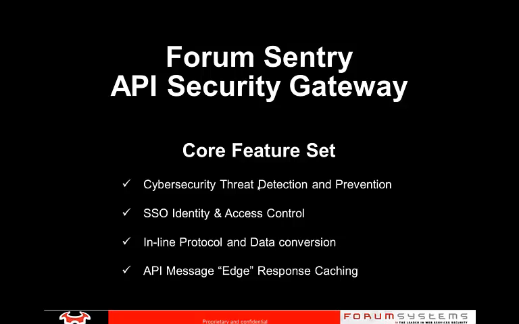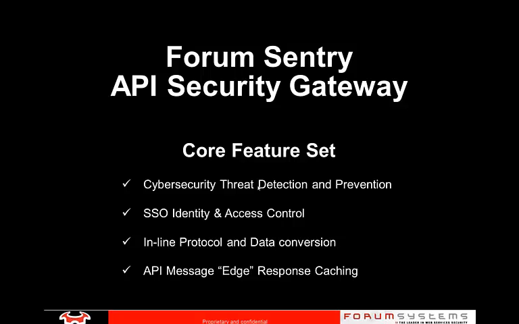Cybersecurity, threat detection, and prevention across all of those modern data formats that we noted a few moments ago: XML, SOAP, JSON, HTML, and all those rich standards where the complexity of the data is actually within the data, within the flows themselves.